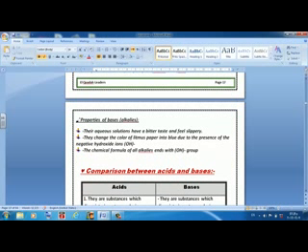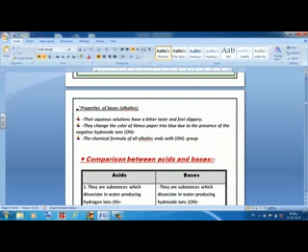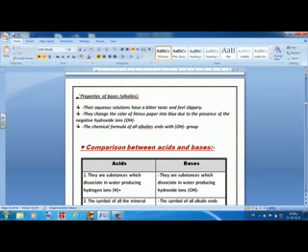Now we will study the properties of bases. Their aqueous solution has a bitter taste and feels slippery. They change the color of litmus paper into blue due to the presence of negative hydroxide ions. The chemical formula of all alkalis, I mean bases, ends with OH negative.